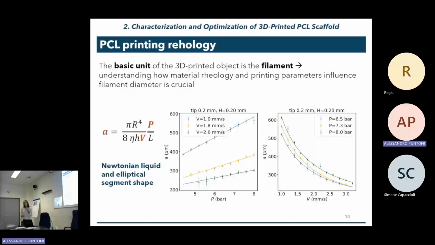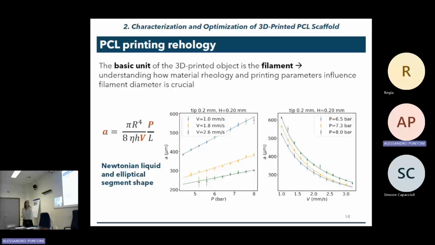But before starting with the fabrication of the scaffold, it's important to understand the material rheology and how the printing parameters, like the speed of the cartridge and the pressure of the extrusion, influence the diameter of the printed filament.